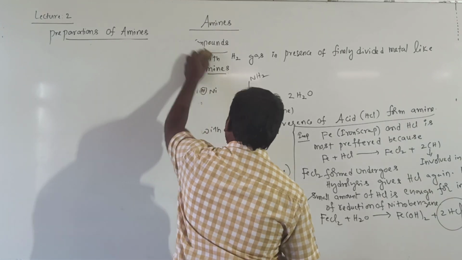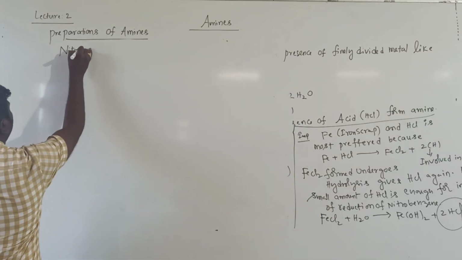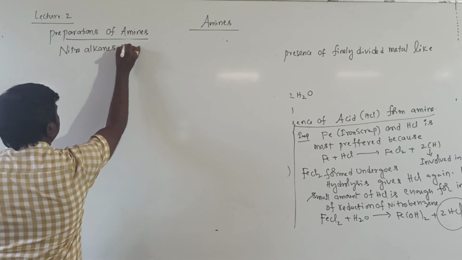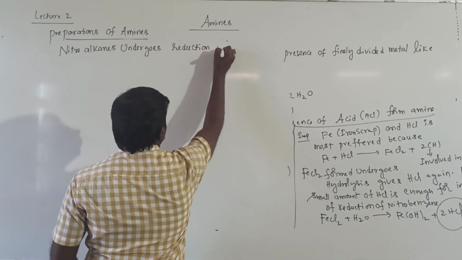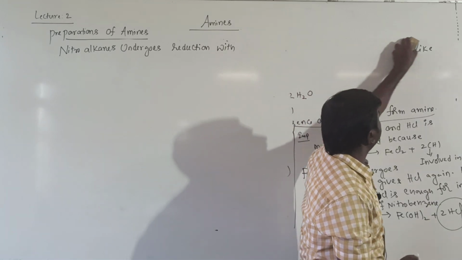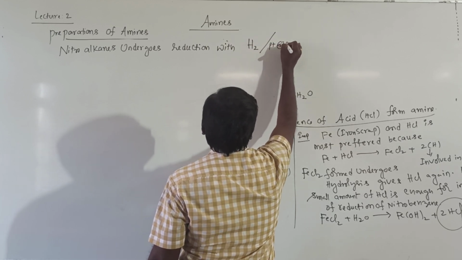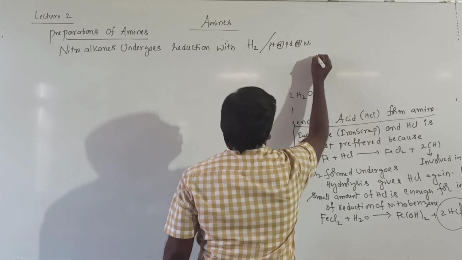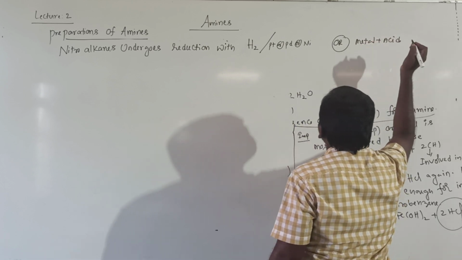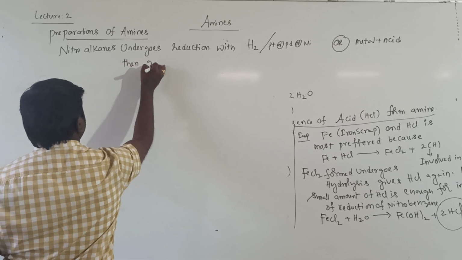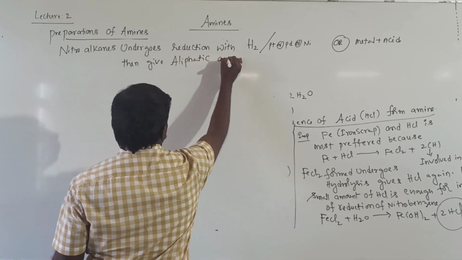Alkyl nitrides or nitroalkanes undergo reduction with H2, platinum or palladium or nickel, or metal with acid, then give aliphatic amines.